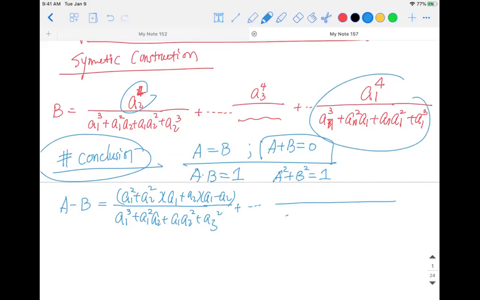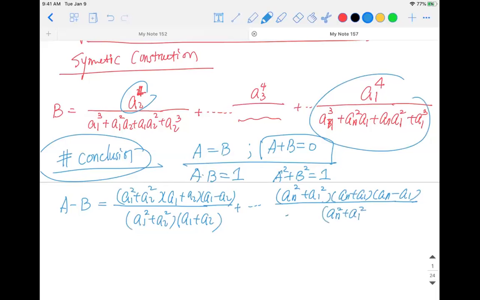Okay, I'm going to do another quick analysis. I'm going to do a little bit of rearrangement for this denominator as well. Just do some simple factorization, not a magic. I'm just going to write out the last term as well: an square, an plus a1, an minus a1, and an square, a1 square, an plus a1.